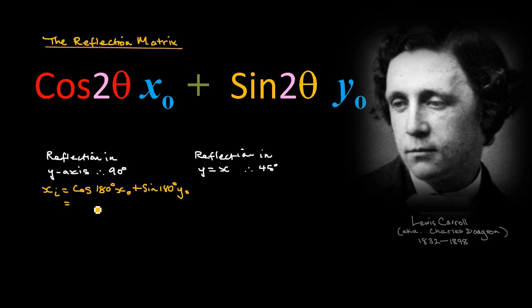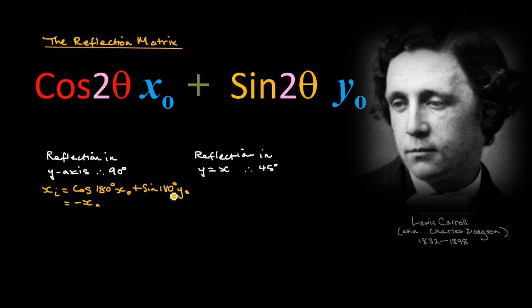Cosine of 180, you can check on your calculator, is the same as cosine of 0 but negative. So cosine of 0 is 1, and cosine of 180 is -1. So we've got -1 times the x coordinate of the object, so it's negative x coordinate of the object, plus the sine of 180.